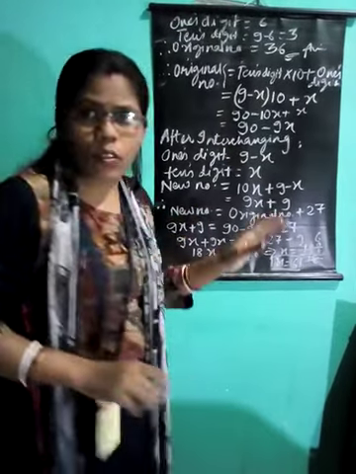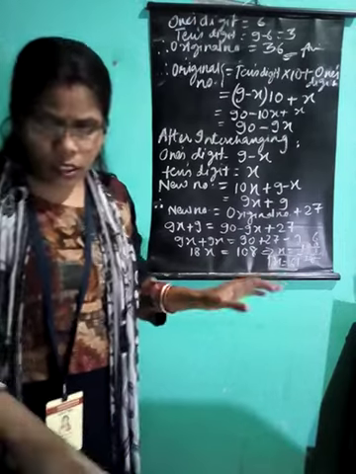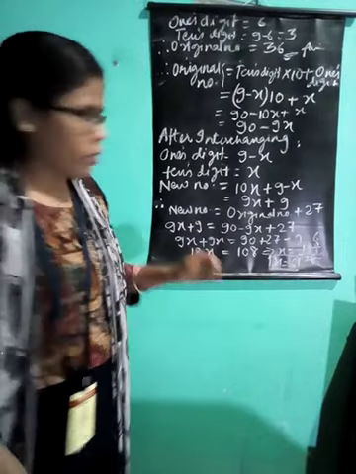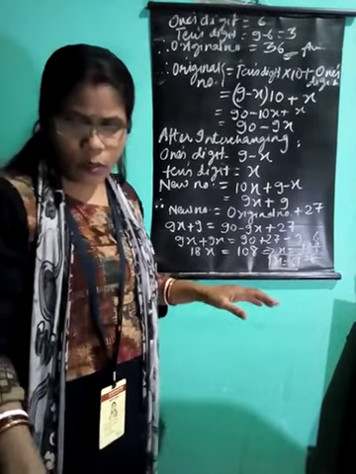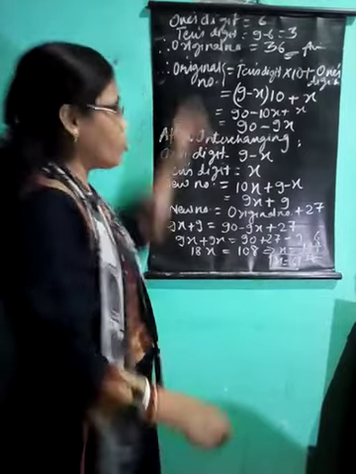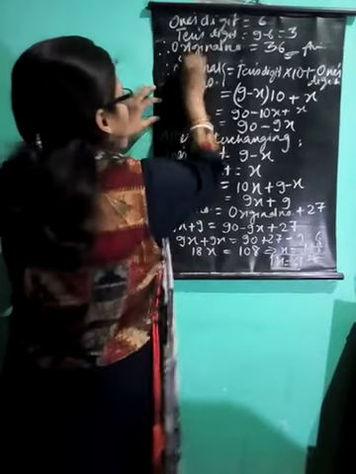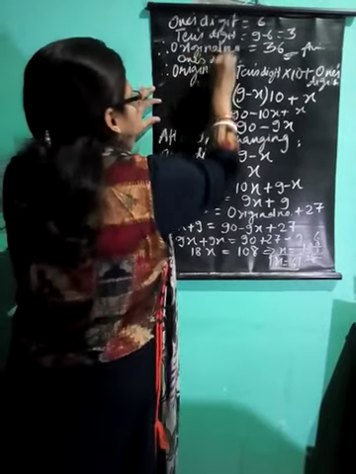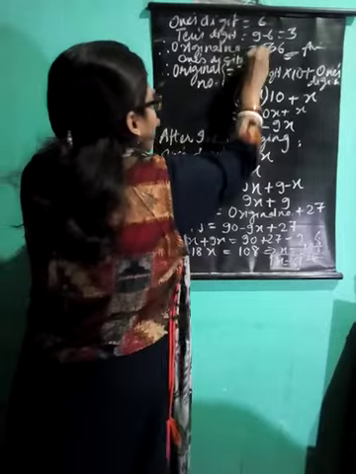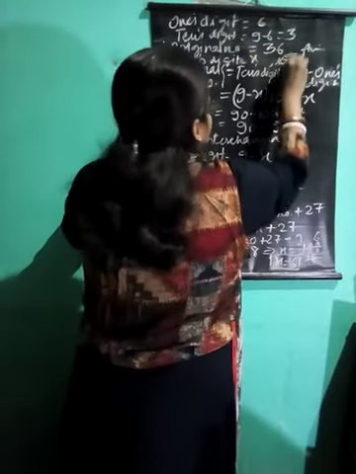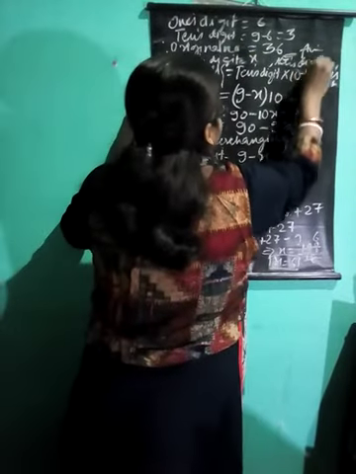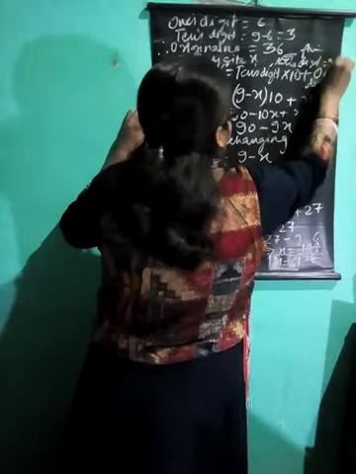So this is what is in the third question. Again I repeat, sum of the digits of two digit number is 9. We took our ones digit as x, and tens digit as 9 minus x.